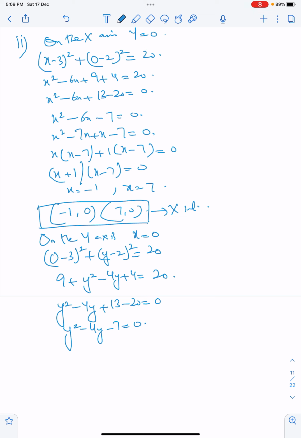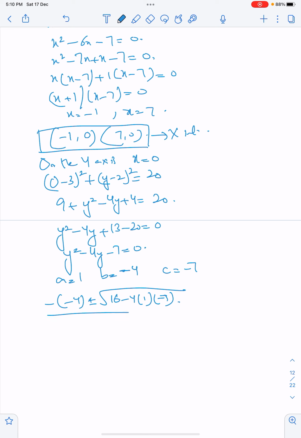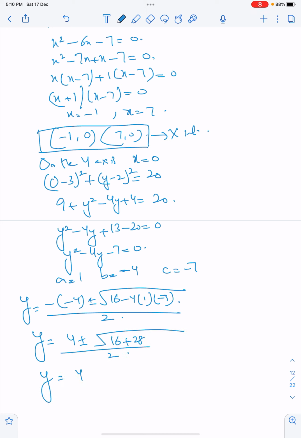So what you have to do is apply the quadratic formula: minus b plus minus square root of b square minus 4ac, upon 2a. Square root of 44 upon 2.